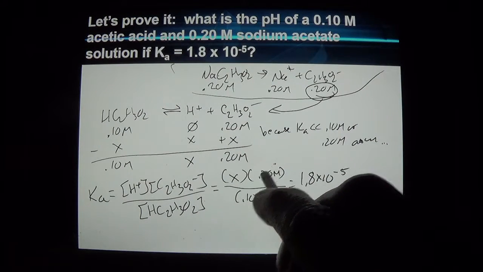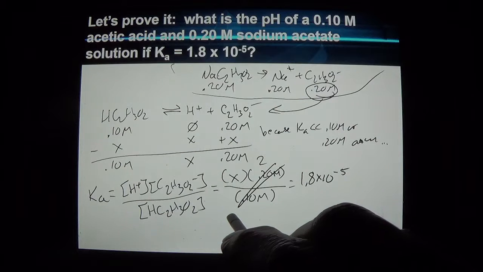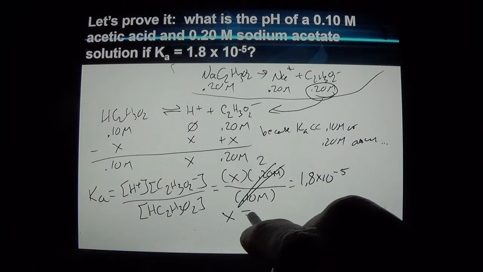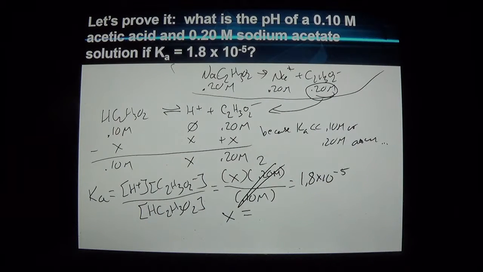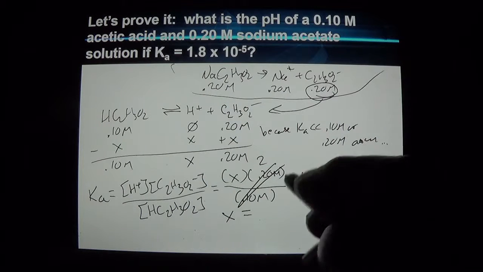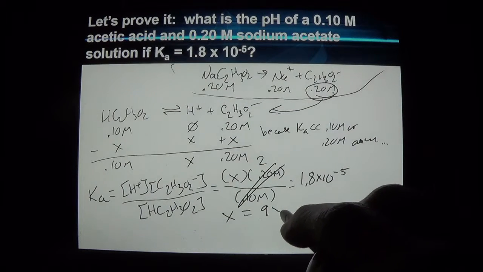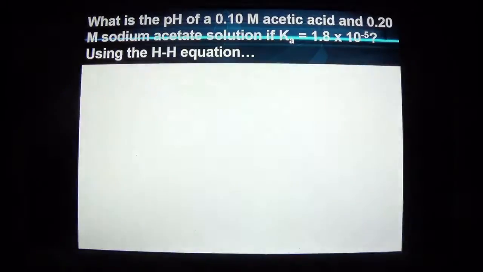Now let's simplify, because I know this reduces to 2. So x is half of that. Okay, so no big deal there. 1.8 times 10 to the minus 5 divided by 2 to solve for x. 9 times 10 to the minus 6.